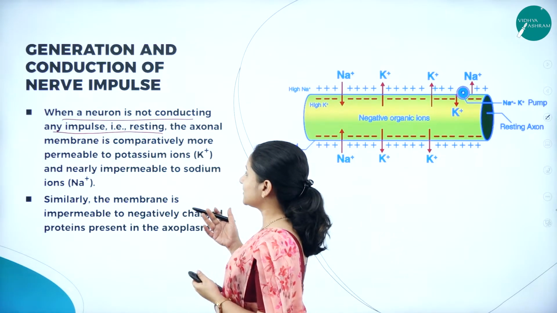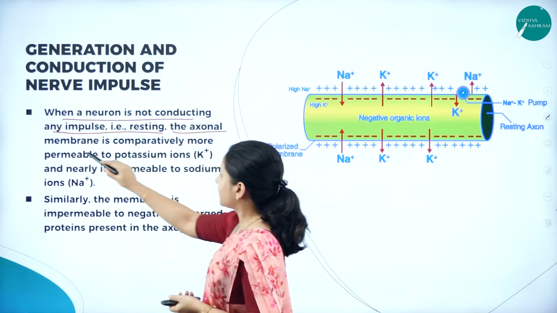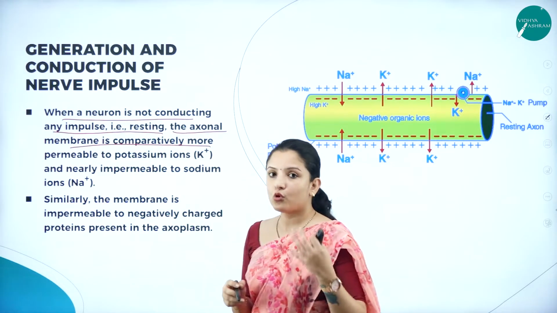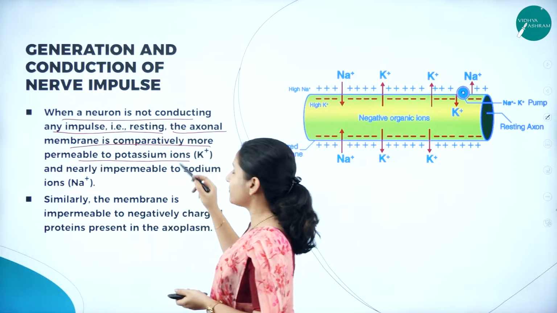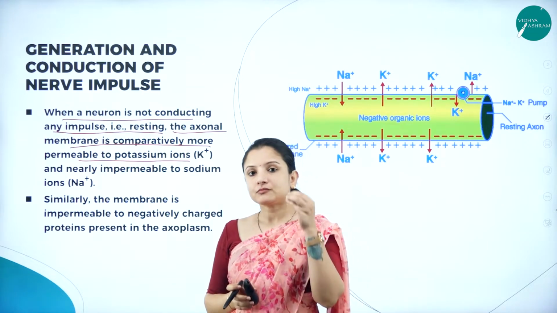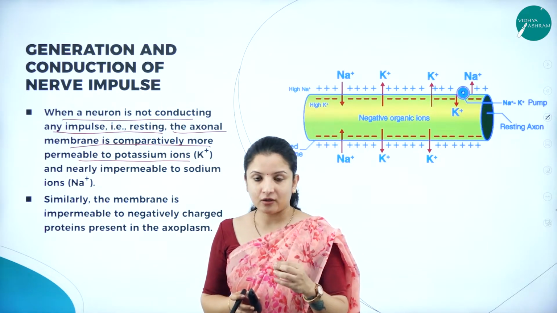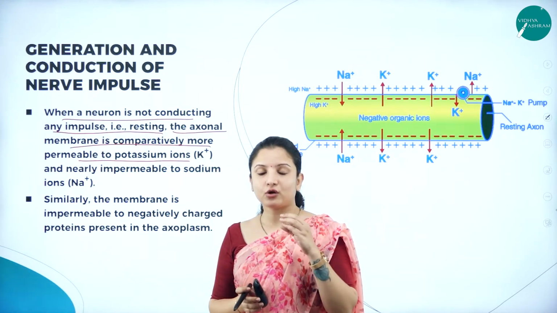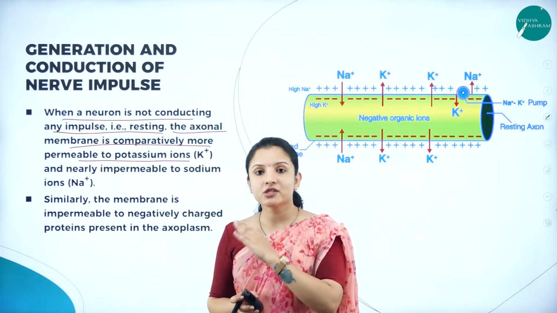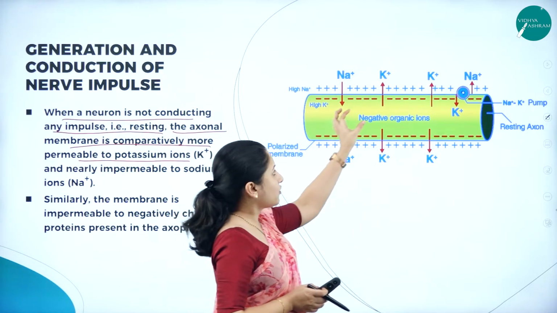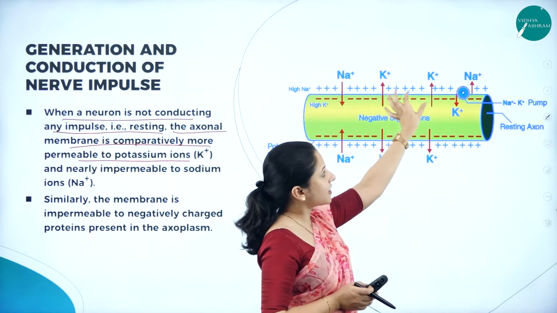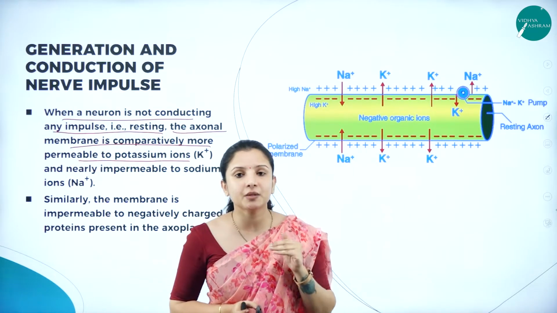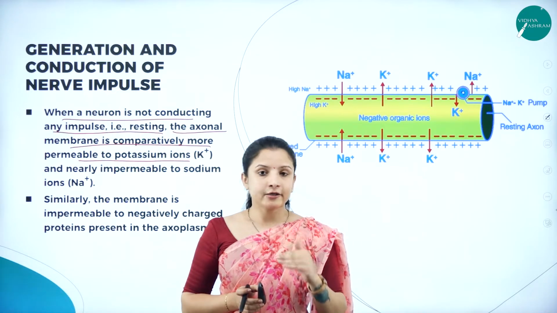So, when they are in the resting stage, the axon membrane is comparatively more permeable to potassium ions. I told you the neuron membrane, or in particular here the axon membrane, has ion channels present. These ion channels are selectively permeable to certain ions only.